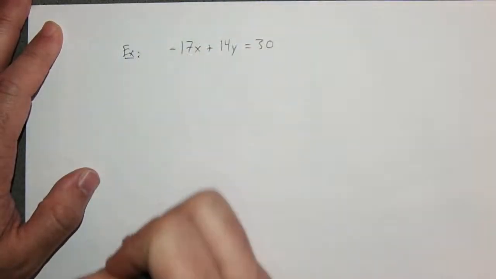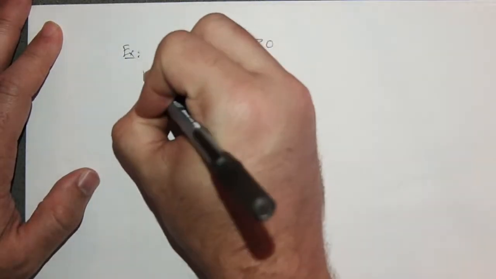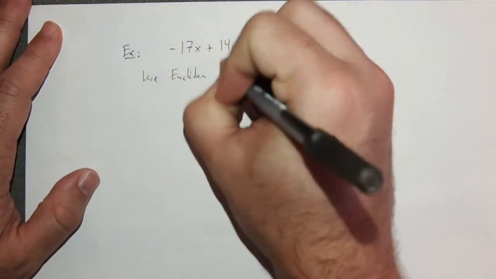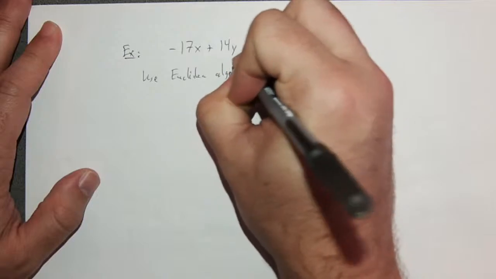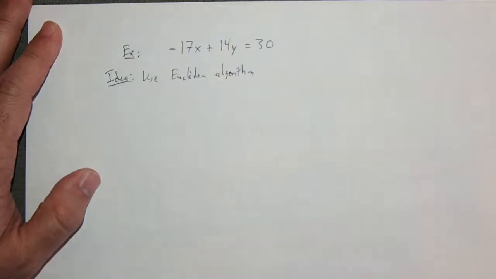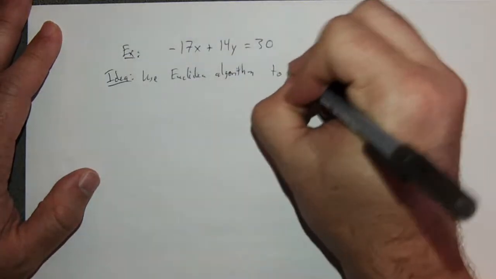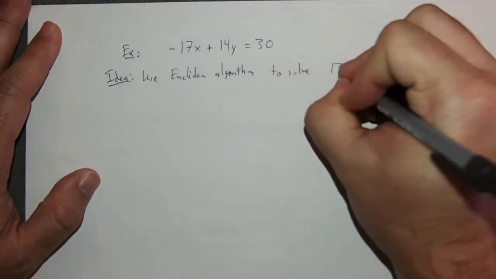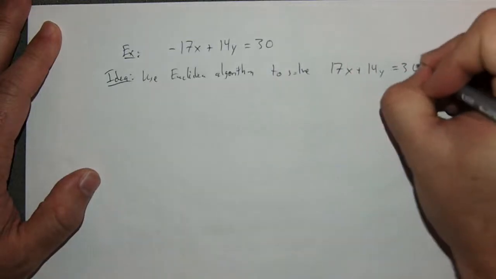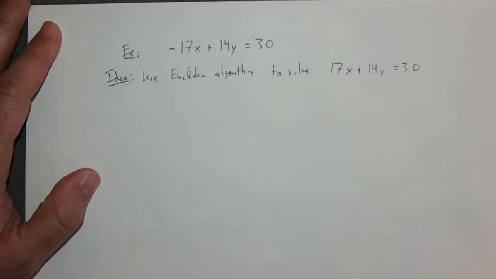So the way that you would do this is you would use, say, the Euclidean algorithm. So this is your idea. Use the Euclidean algorithm to solve 17x plus 14y is equal to 30. Right.